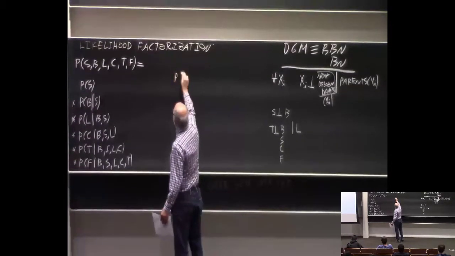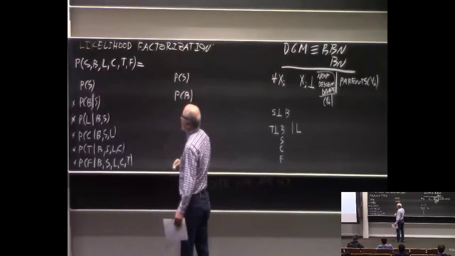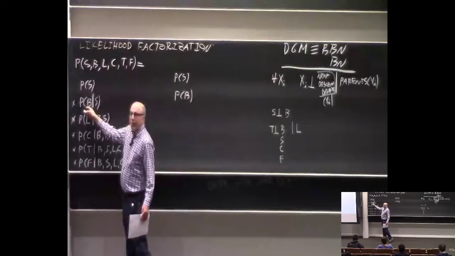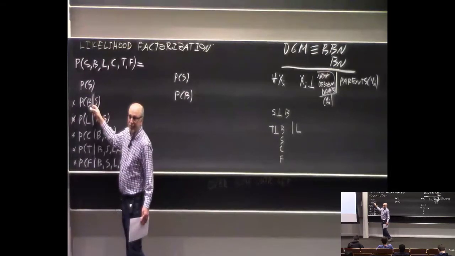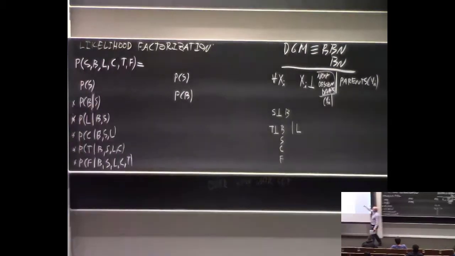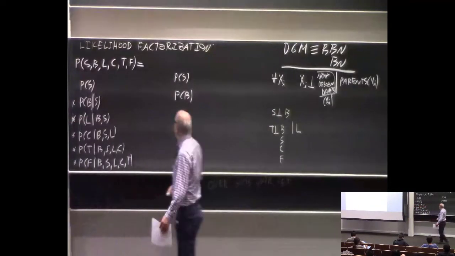This would remain P of S. This would become P of B, because B is independent of S conditioned on the null set. So I'm taking advantage of the fact that the bus tour group is independent of storm, according to my graph.